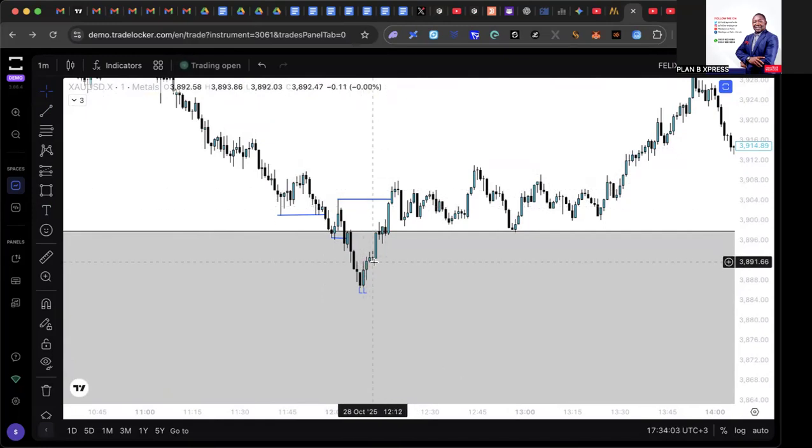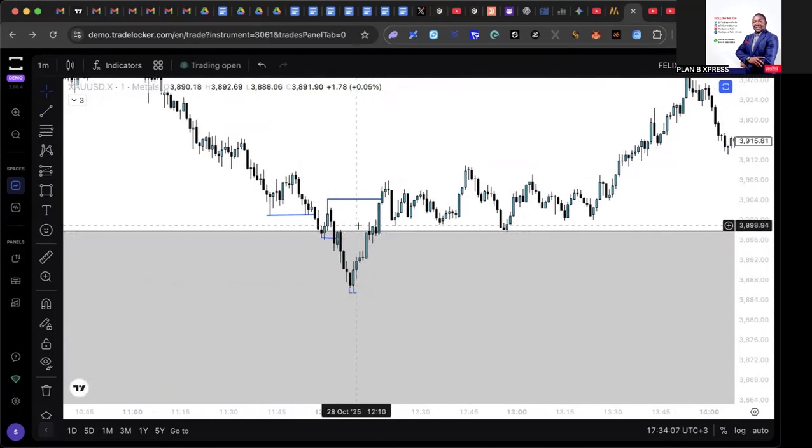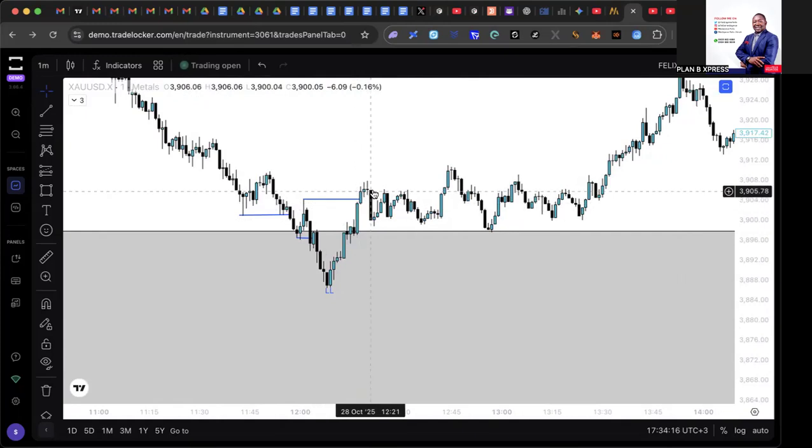Now, there's something you need to understand. Sometimes the same market will create another low in between before getting to this high. But let's use this one as simple as possible. Now that we have a break above this, you see this one, it's not called break of structure.